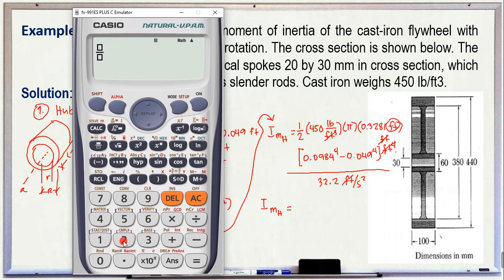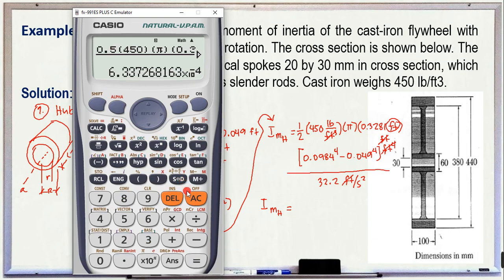So I of the hub is equal to, so using our calculator, we have 1/2, so 0.5 times 450. Tapos, shift pi, tapos 0.3281 times 0.0984 to the fourth power minus 0.049 to the fourth power, divide by 32.2.